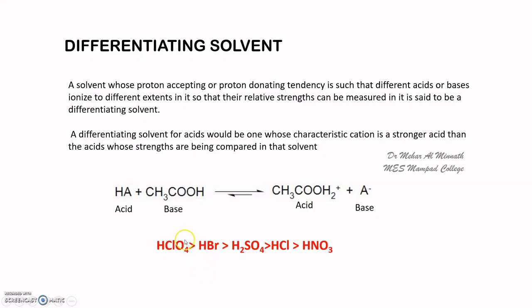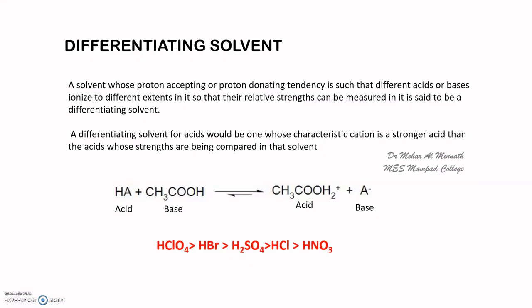I have arranged them according to the decreasing order of their acid strength. This is in the presence of acetic acid. So here, acetic acid differentiates the acids according to their acidity. Now, why is that so? It is because the acids and bases ionize to different extents.